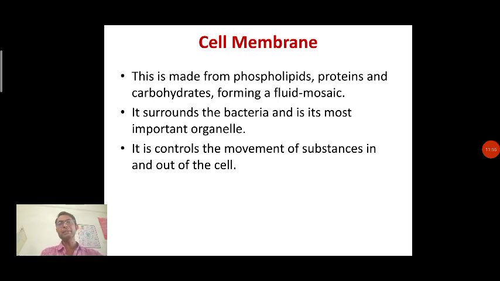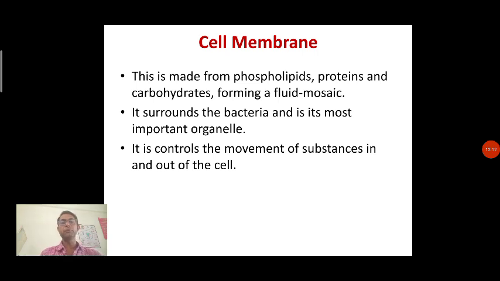Now, followed by the cell wall, there is the cell membrane. So it is the internal cover. This is made up of phospholipids and protein and carbohydrates, forming a fluid mosaic.